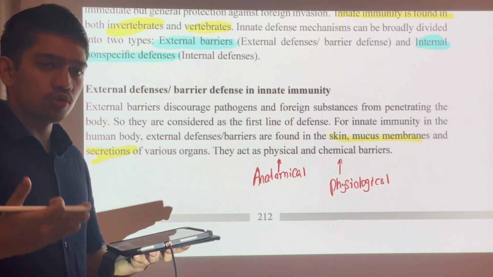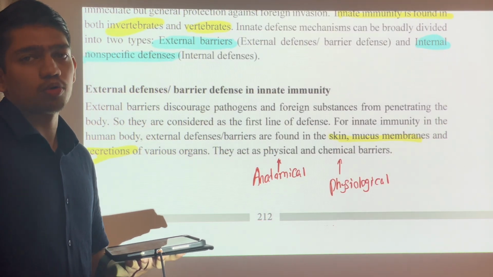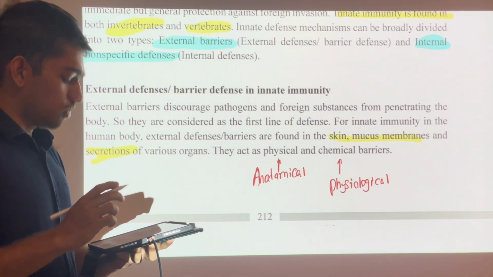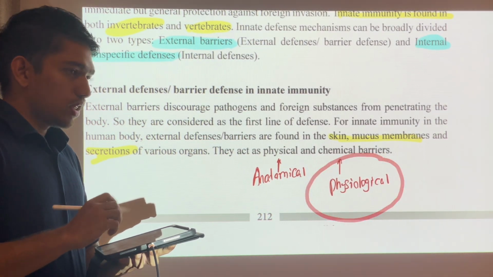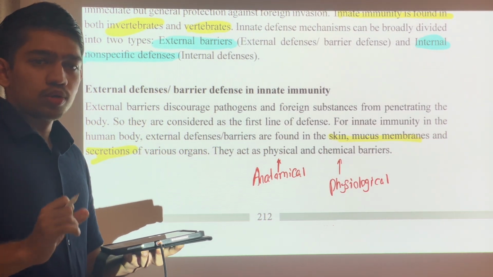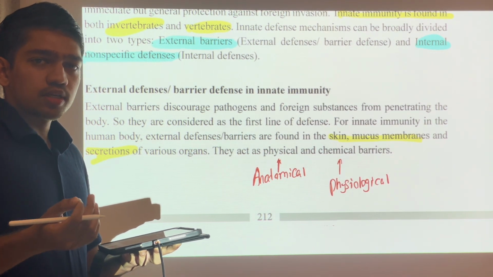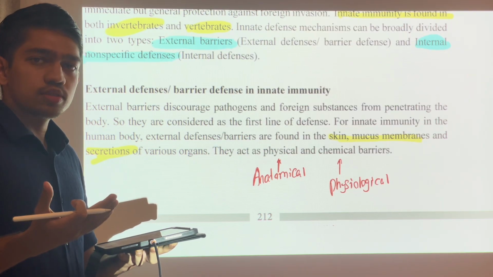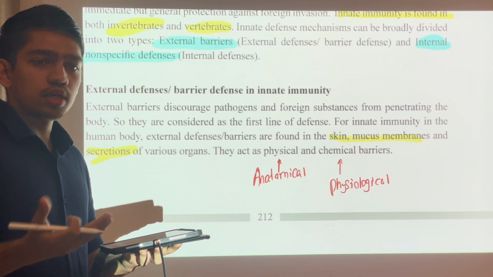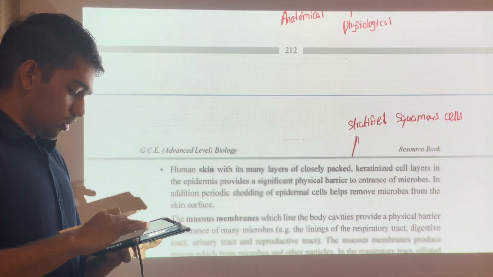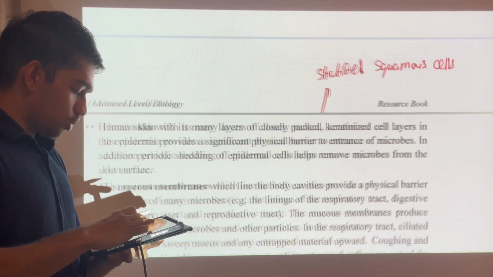Just because they are there, they are going to provide some protection. But chemical barriers we also call physiological. They are going to do something. They are going to maybe influence or change the pathogen in a chemical way, right?